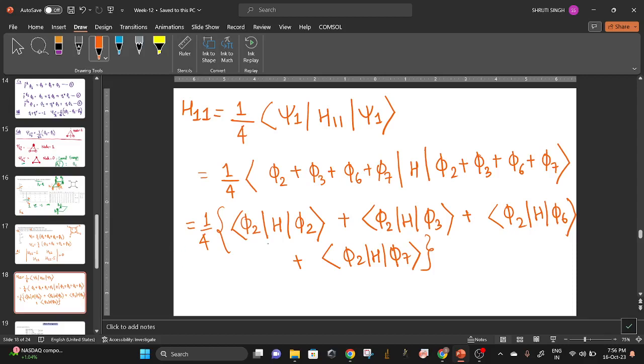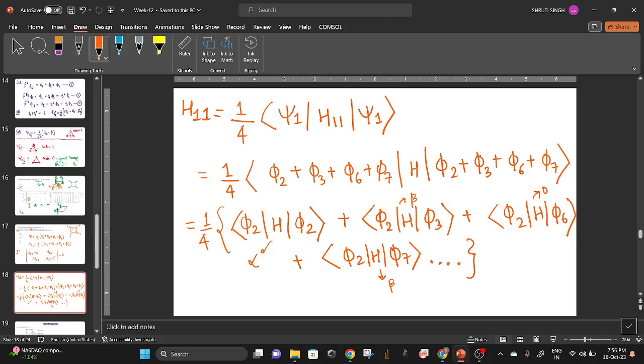So this will give alpha, this will give beta, this will give 0, this will give alpha, because these two are adjacent. Sorry, this will give beta. And when we do this for, let's say, we will have more terms here, 12 more terms here, considering phi 3 with each, phi 6 with each, and phi 7 with each of them.